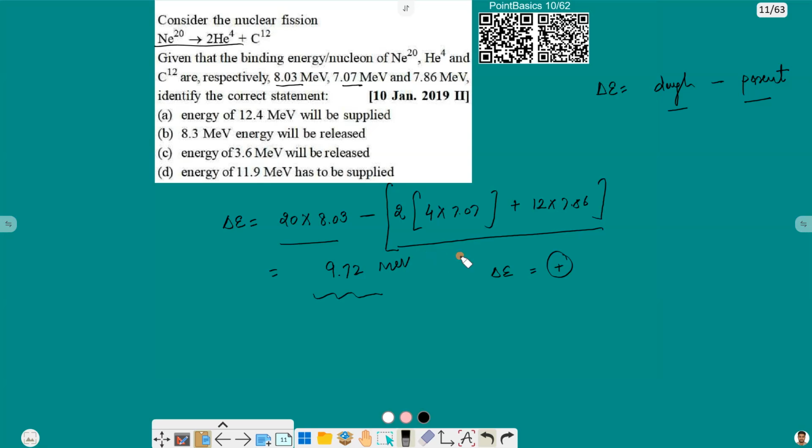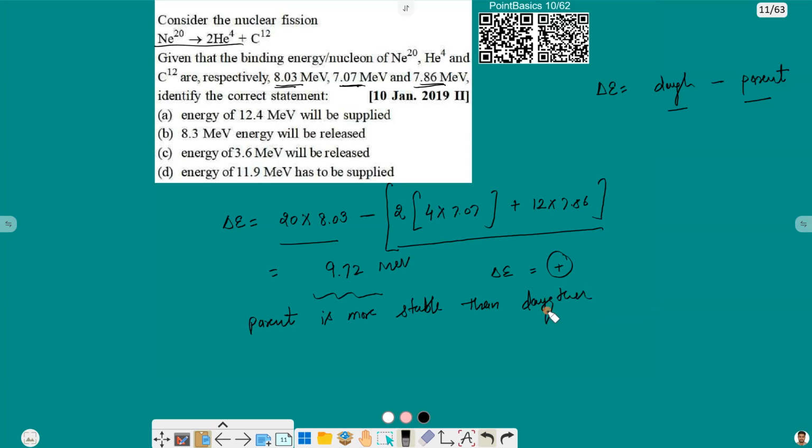So this delta E is positive, and we can also see from the given values that the binding energy per nucleon of the parent is more as compared to the binding energy per nucleon of the daughter nuclei. So we conclude that the parent is more stable than the daughter.